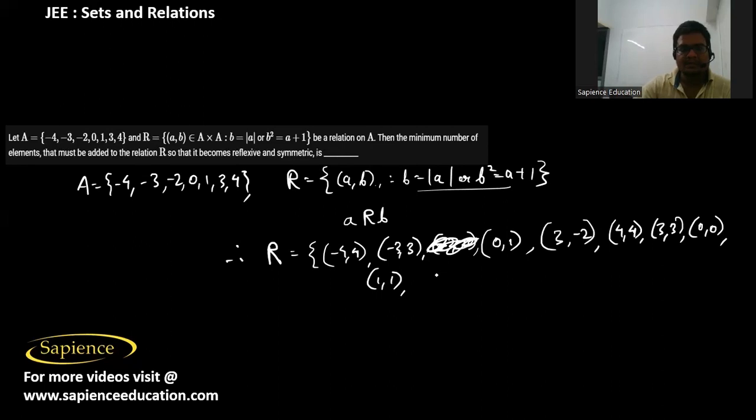Then we can take (3, 3), (4, 4), (1, 1) and (0, 0), (3, -2) and (0, 1). So here we have 3 plus 3, 6, 6 plus 2, 8 elements. Eight elements are there.